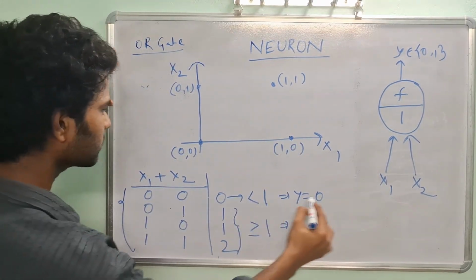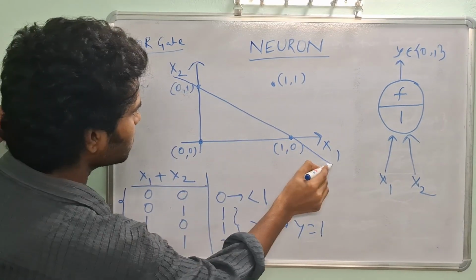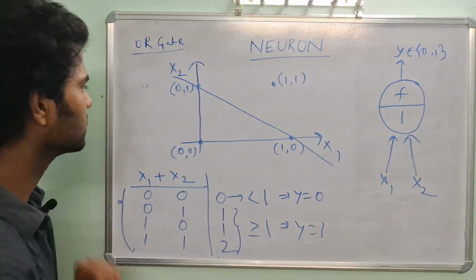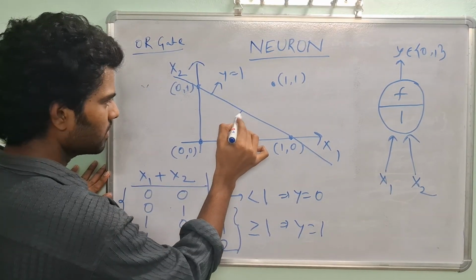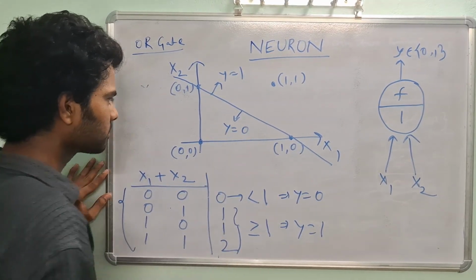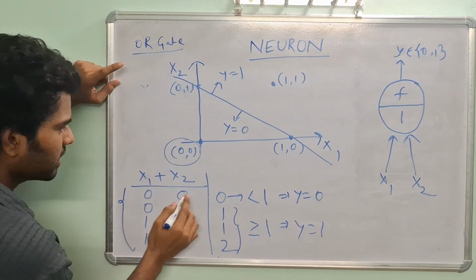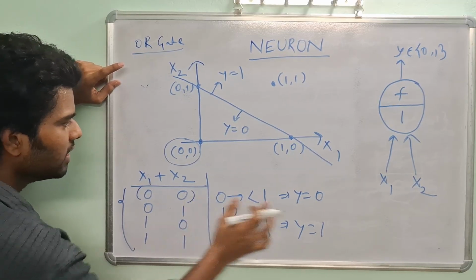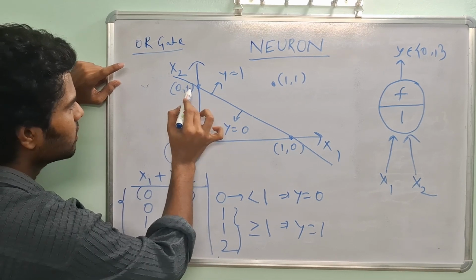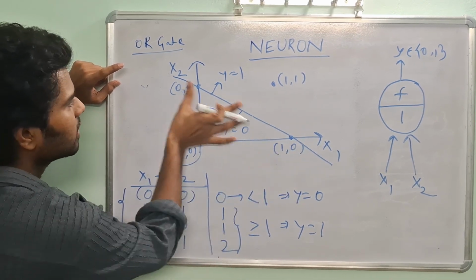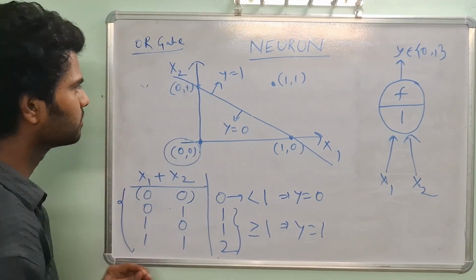We are drawing a straight line exactly here because above this line the output becomes 1, and below this line the output becomes 0. Below this line only one point is there, and at this point only the output becomes 0. Above this line 3 points are there: 0 comma 1, 1 comma 0, 1 comma 1. So the output becomes 1 only.